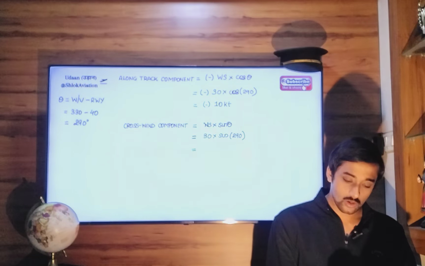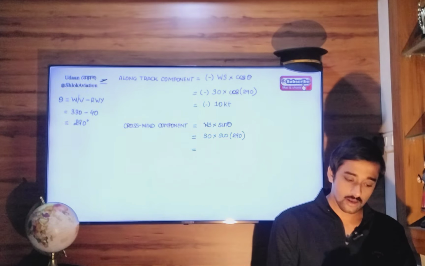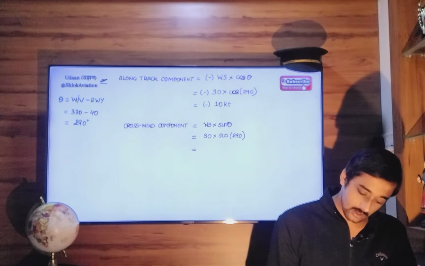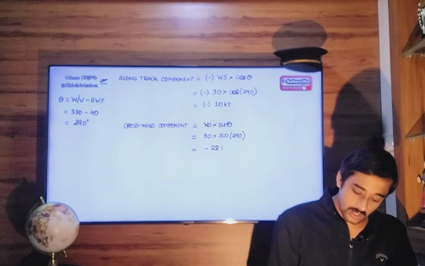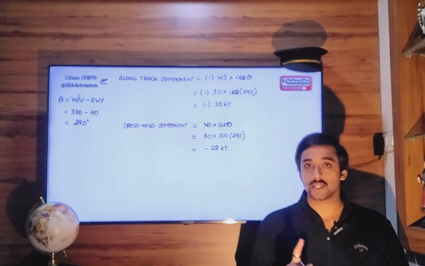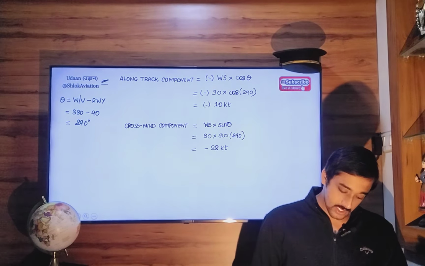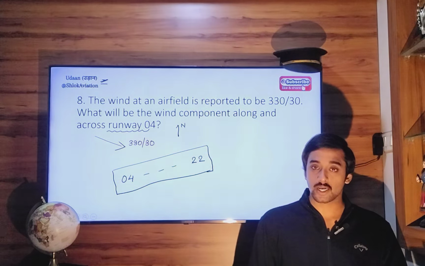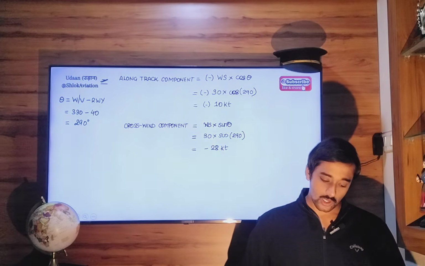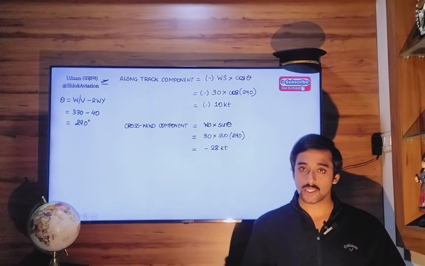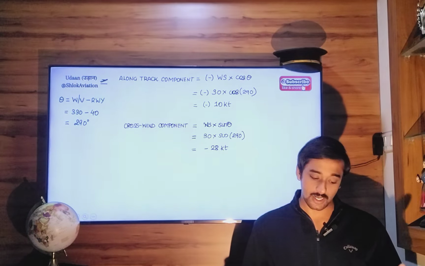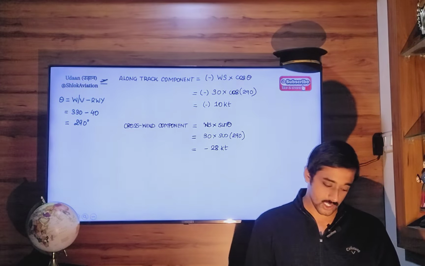Sine 290 into 30 is minus 28. So minus 28, that means the minus stands for the left hand side. So that means the wind is coming from the left hand side as a crosswind. So the crosswind component will be 28 knots. Headwind, or correction, tailwind component will be 10 knots.